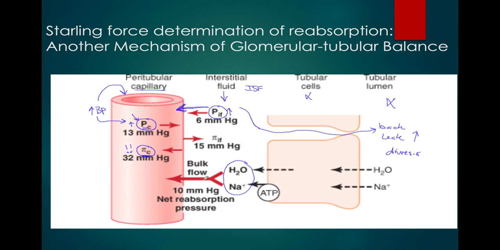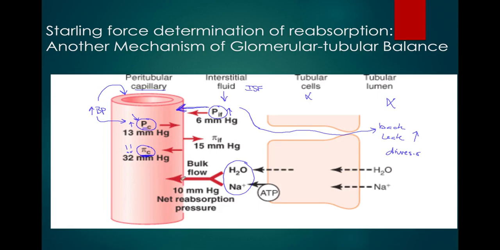Let me give you one more example. Let's say angiotensin II rises. Blood pressure falls, angiotensin II goes up, and you get efferent constriction. If you get efferent constriction, you're going to filter more. If you filter more, what happens to pi C?